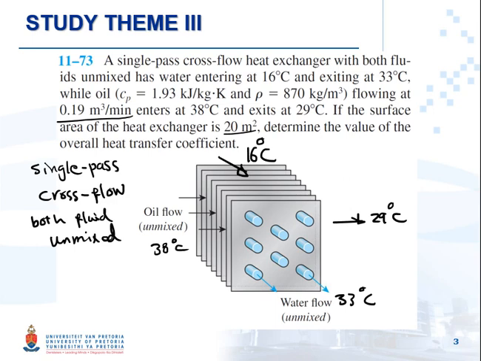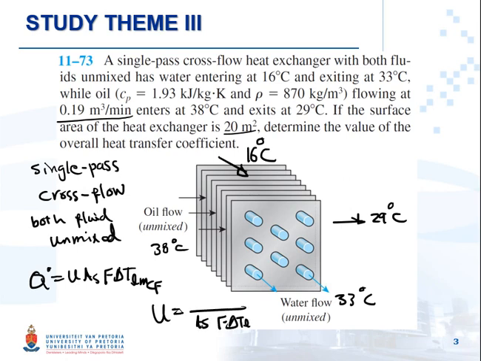So for brainstorming, immediately we say that the overall heat transfer coefficient, we can say easily that Q dot is equal to U A_s, if it's necessary correction factor F, delta T_LM CF for cross flow, and after that U easily will be Q dot on top, divided by A_s F delta T_LM.